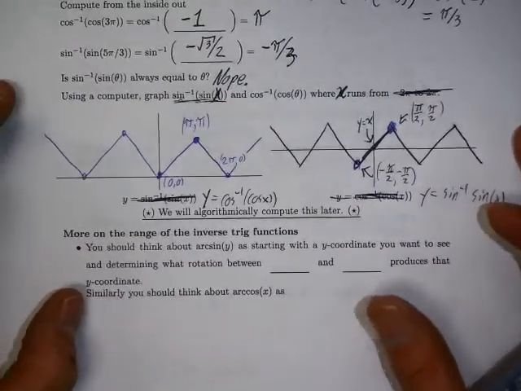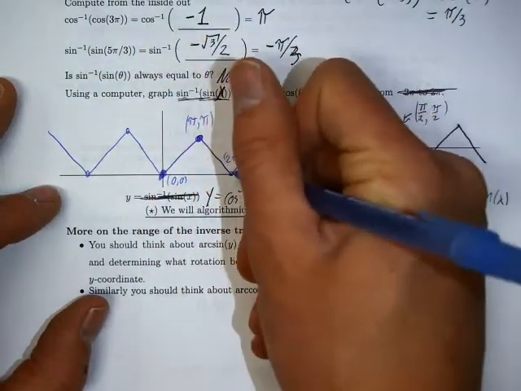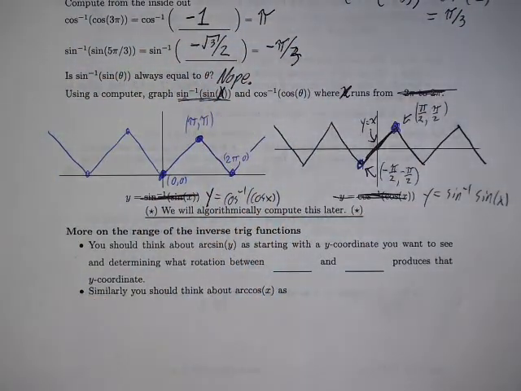Well, yeah. So I just sketched it. It went through the point 0, 0, pi, pi, and then 2 pi comma 0. And then it repeated that pattern.